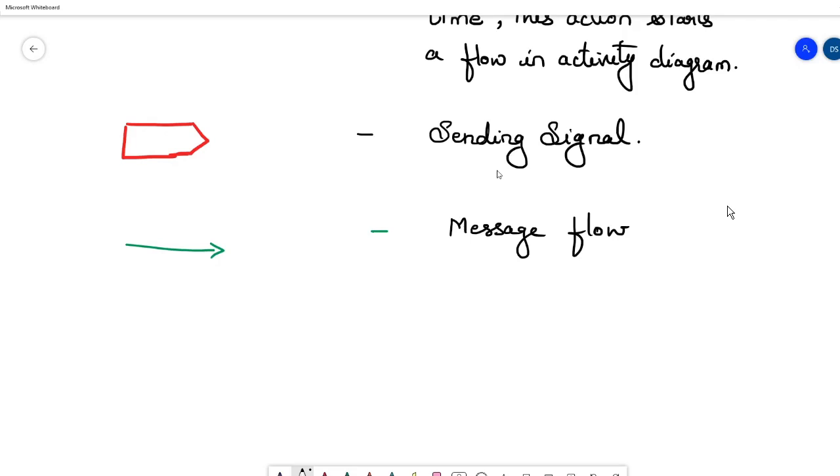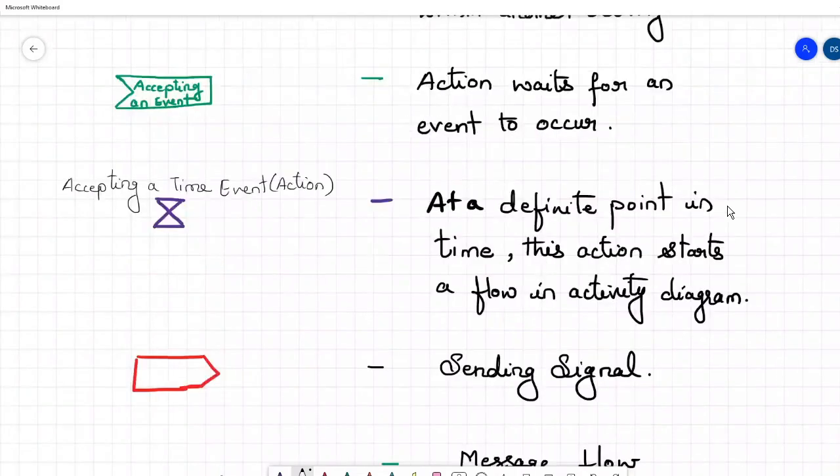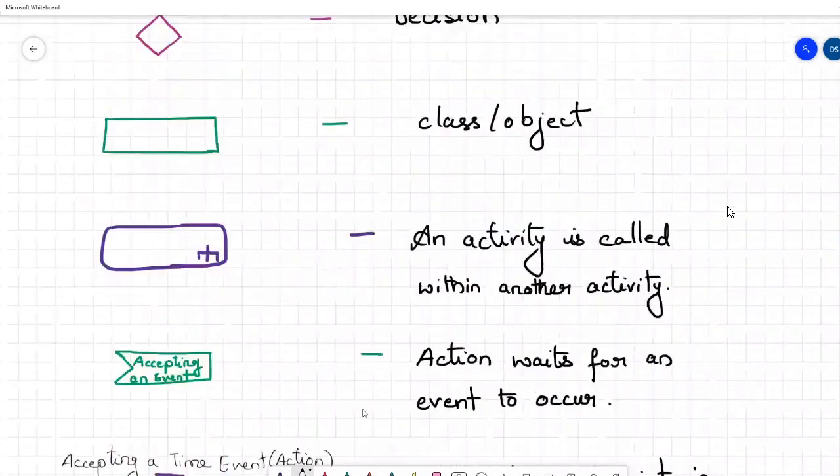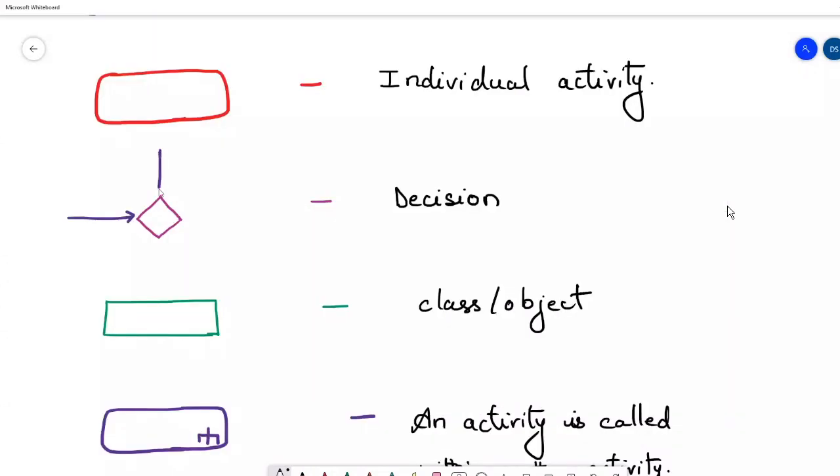Now, this decision can have certain conditions. So I'll just add here, this decision symbol would have some conditions, maybe if this condition is applied, then what next should happen.